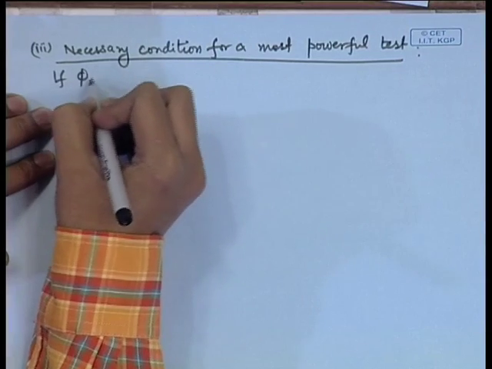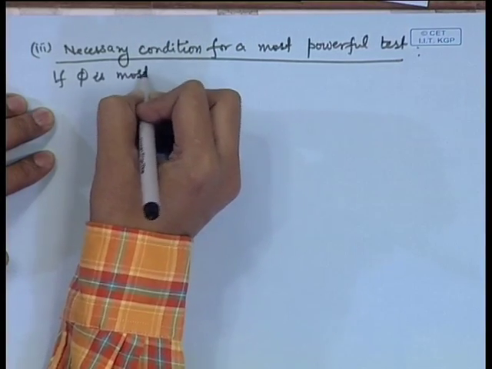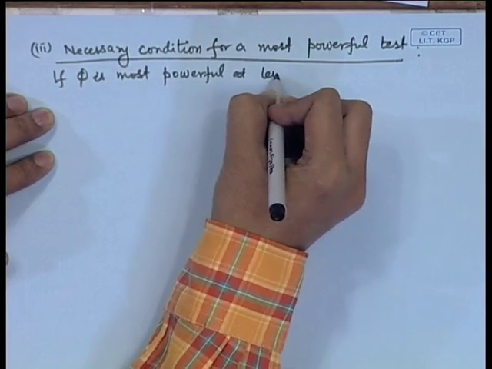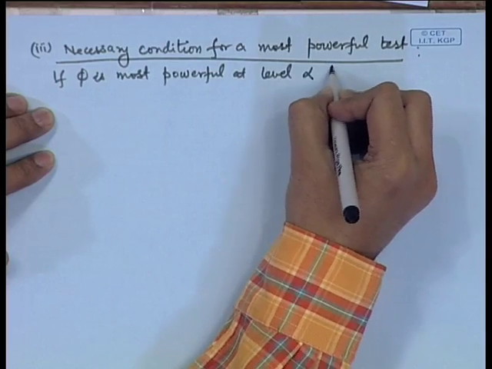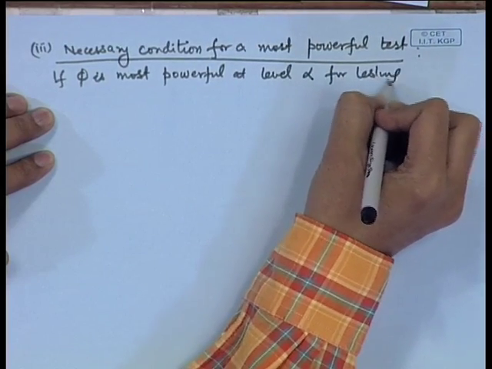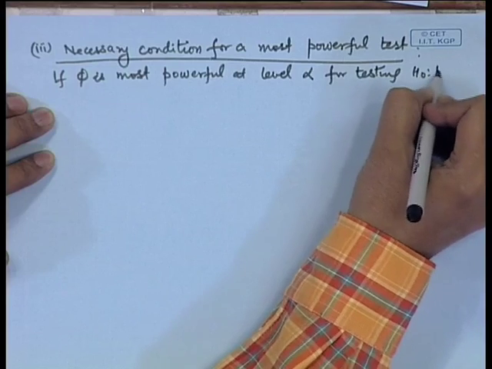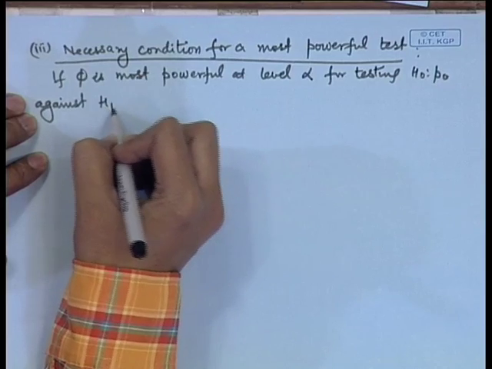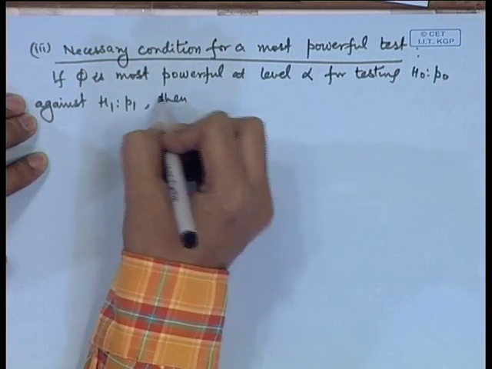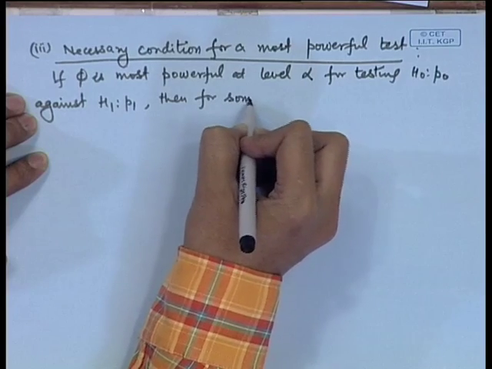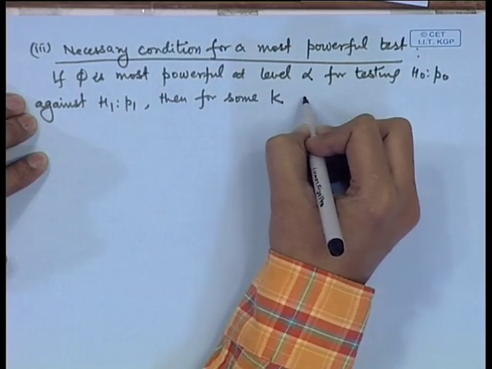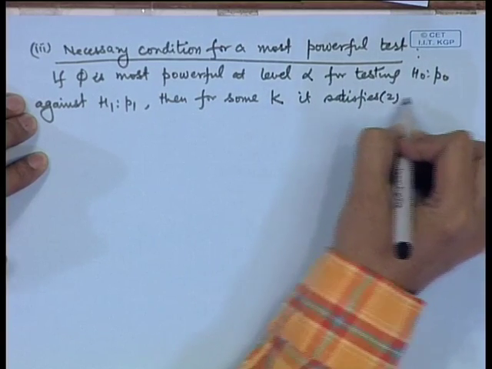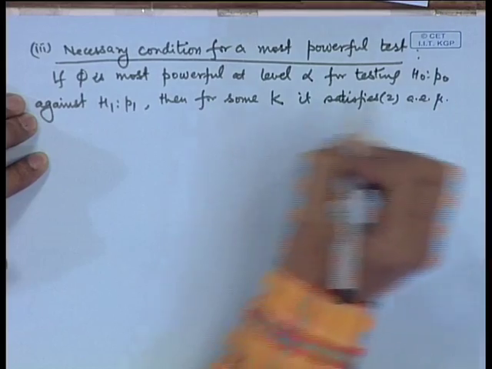If phi is most powerful at level alpha for testing H naught, P naught, against H 1, P 1, then for some k it satisfies 2 almost everywhere mu.